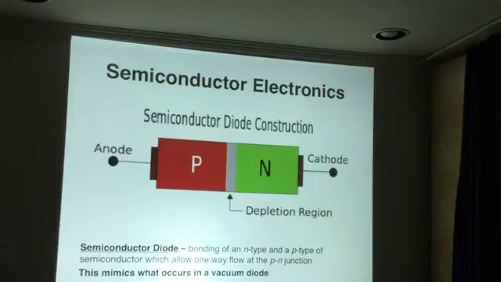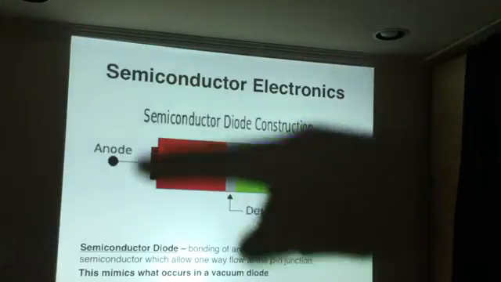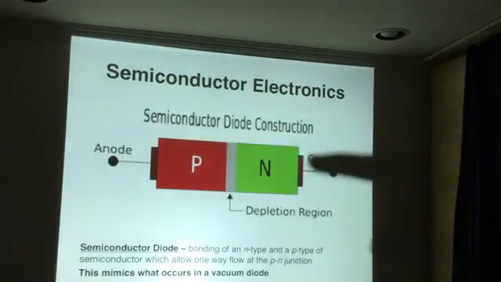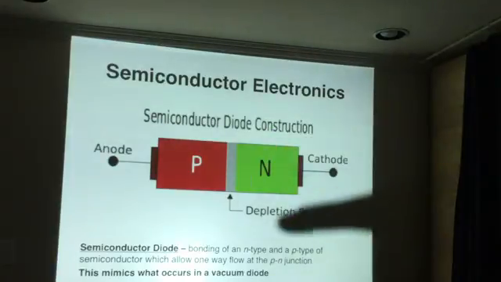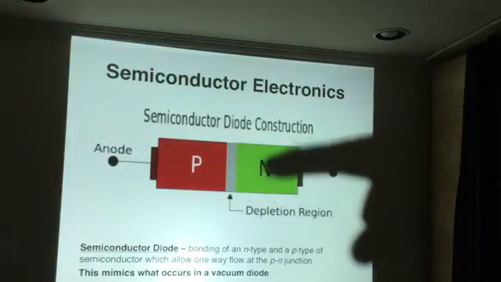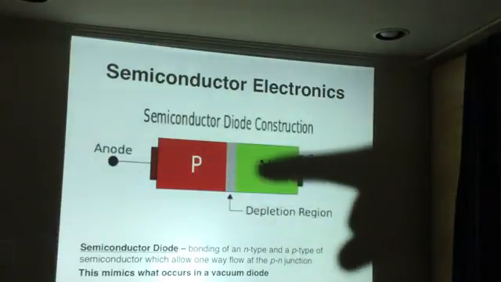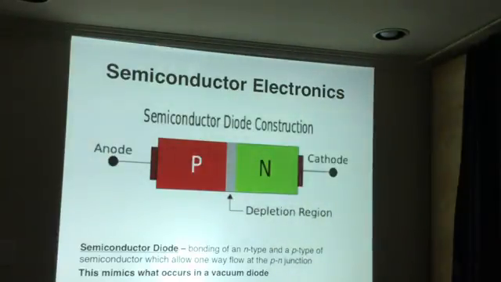So this mimics what occurs in a vacuum diode. The vacuum diode would have a cathode filament on this side and an anode plate on this side, and you'd have the one-way transfer like this. Now you have the semiconductor material here, N on this side, P on this side, and you have one-way transfer across.